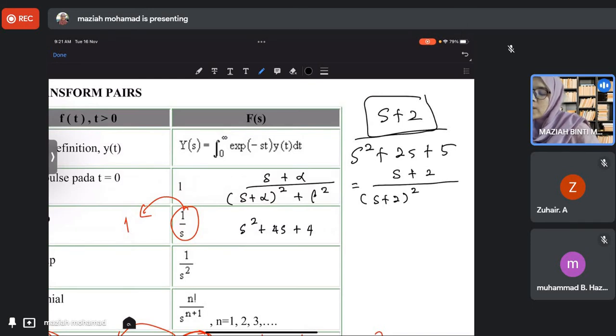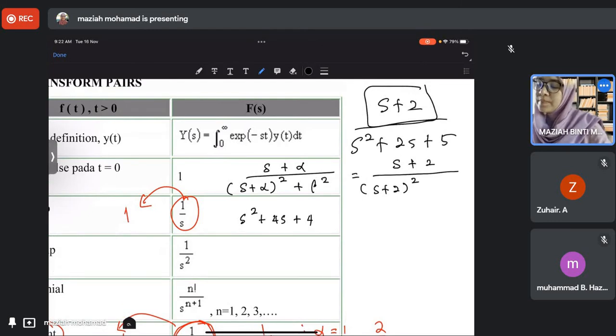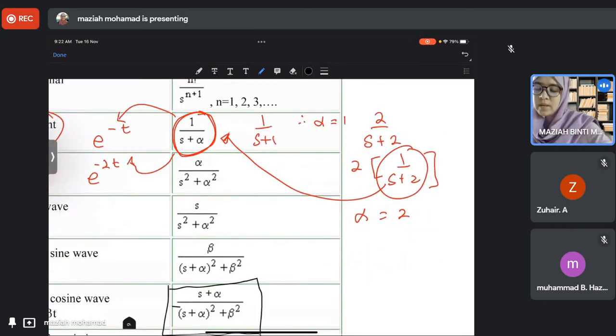Compare with S square plus 2S plus 5, so this has 2S.